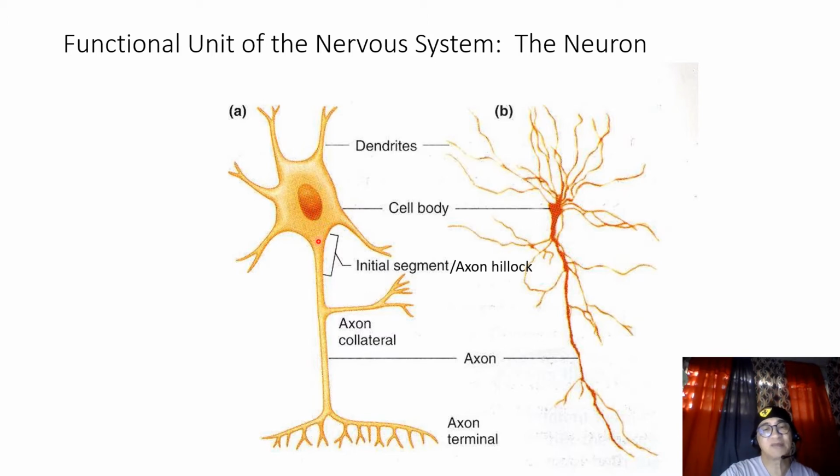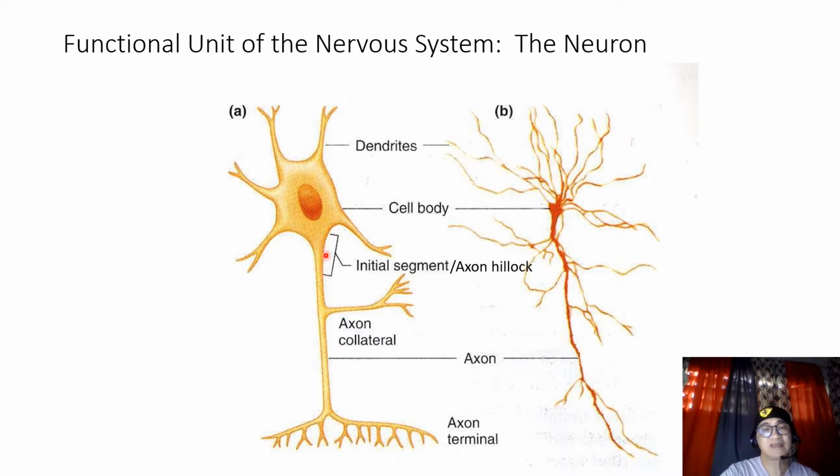The initial segment of the proximal end of the axon usually is conical, which is also called axon hillock, and usually this is where most of the signals in the form of action potentials are generated.